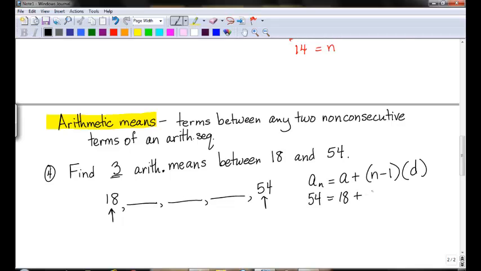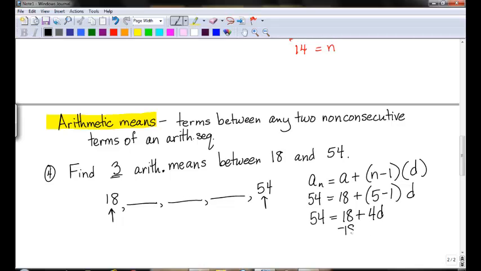How many terms do I have? 5, right? Because as soon as I put 54 in there for a sub n, that's a sub 5. So I have 5 terms, so you got to count them all, not just the spaces. What I don't know this time is d. So I'd have 54 equals 18 plus 4d after simplifying inside.